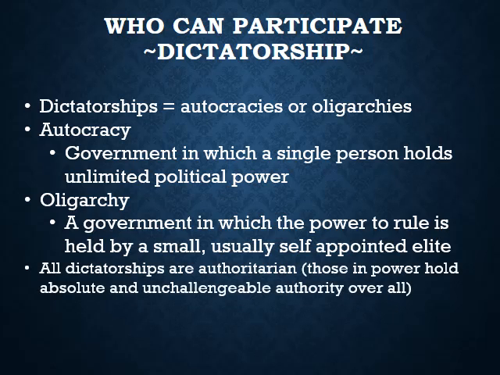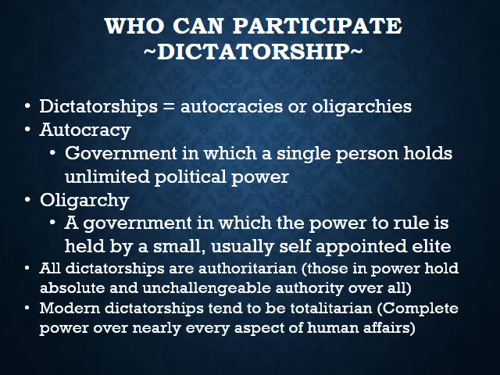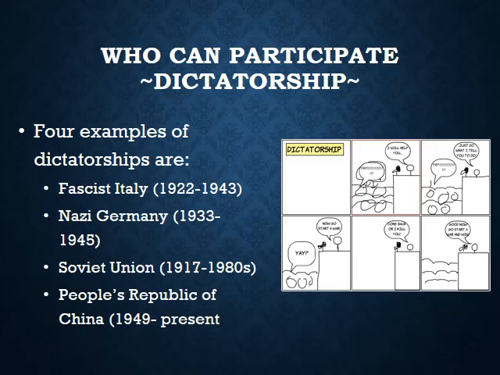All dictatorships tend to be authoritarian in character. Those in power have absolute and unchallengeable authority over all. And if you cross them, you're dead. Also, totalitarian. Most modern dictatorships control every aspect of your life, from what you watch on TV to what you wear on your body.